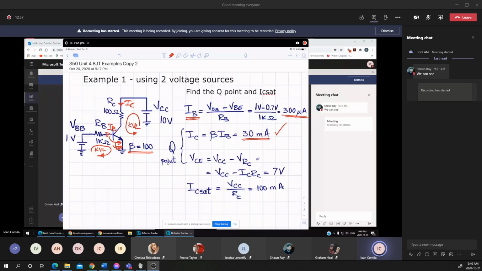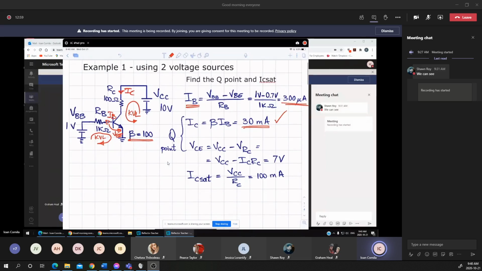The other loop, or the output loop, that is used in analyzing the circuit or finding the Q point, is the collector loop, or as its name says, the output loop.